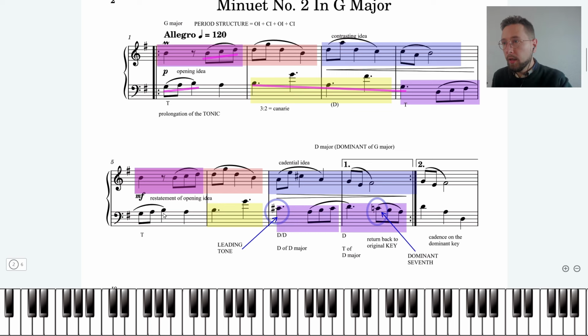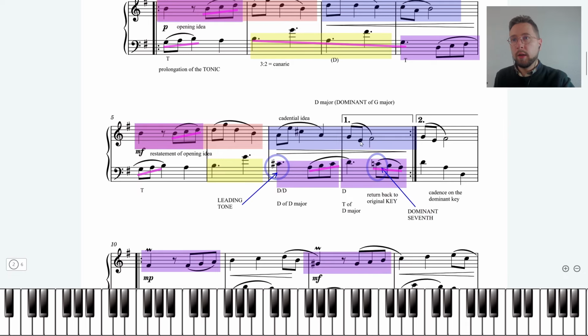Right. And also we can see these instances of that motif of three notes moving up and down. So basically, well, that's what we're seeing here. Now, also there is a reference to that motif here.